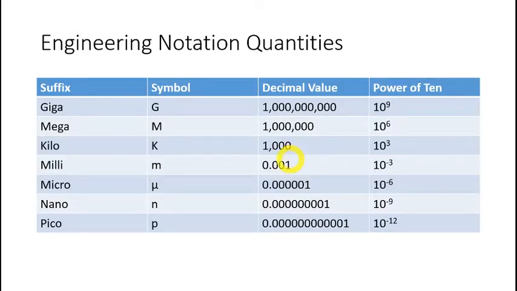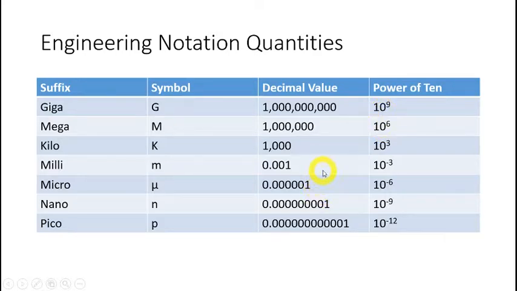Now I also stated that we're going to be representing numbers larger than 999 or less than 1. So the first denomination that we're going to talk about here is the milli. If we move the decimal point over 3 places, notice that everything I'm doing here is in quantities of 3. When we're going in the positive direction, it was 10 to the third, 10 to the sixth, or 10 to the ninth.